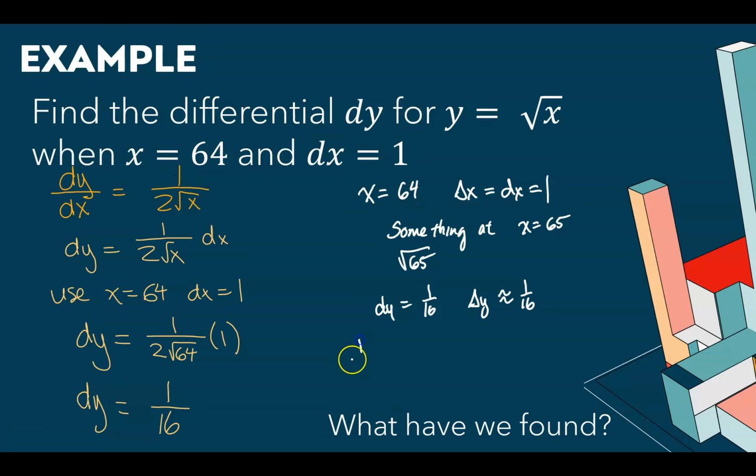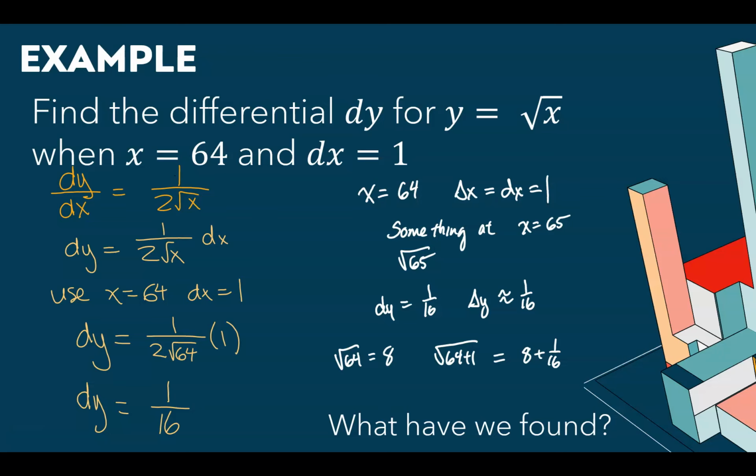1/16. What's the best way to say this? The square root of 64 is 8. And the square root of 64 plus 1 is 1/16 more than 8. That's what we found, the approximate change in y.